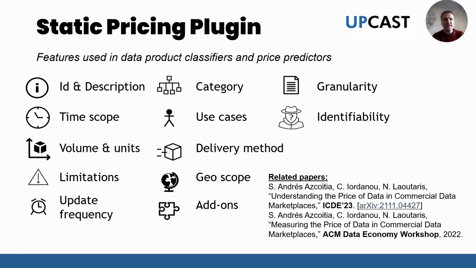More details about this training data, which was also enriched during the project, can be found in the papers Measuring the Price of Data in Commercial Data Marketplaces, published in the first ACM workshop on the data economy in 2022, and Understanding the Price of Data in Commercial Data Marketplaces, published in the IEEE International Conference on Data Engineering in 2023.